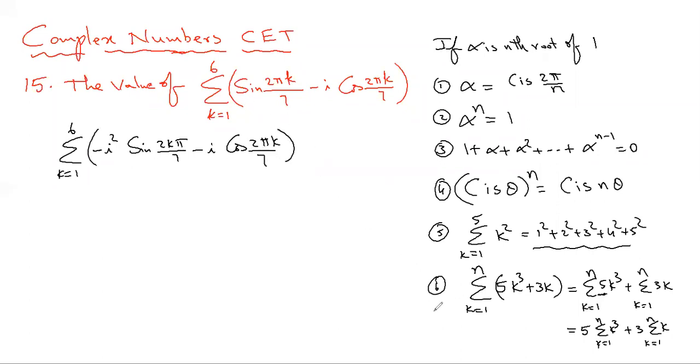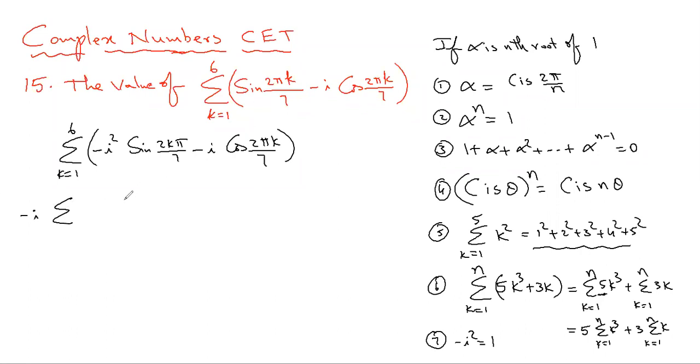I'm writing the minus 1 as I square. Minus I square equals 1, because I square is minus 1. So you take the minus I common. The constant can be written outside. Minus I is independent of k, so minus I can be written outside the summation.